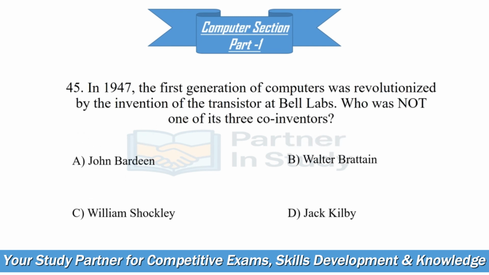In 1947, the first generation of computers was revolutionized by the invention of the transistor at Bell Labs. Who was not one of its three co-inventors? The right answer is option D, Jack Kilby.